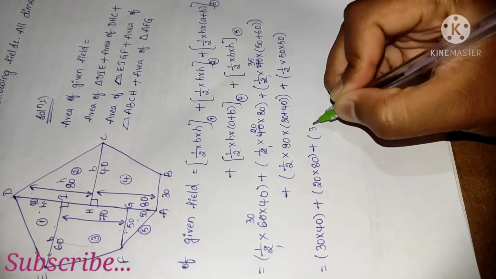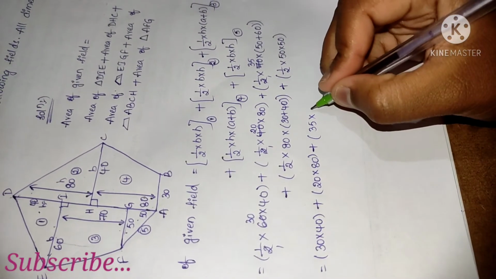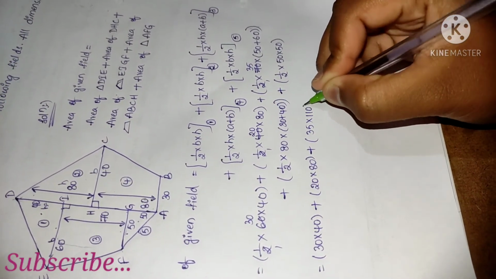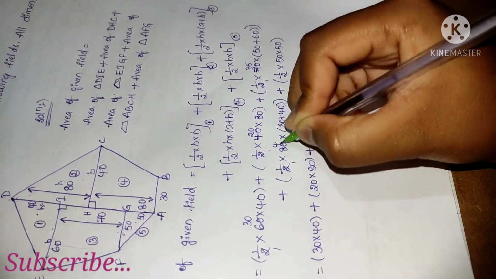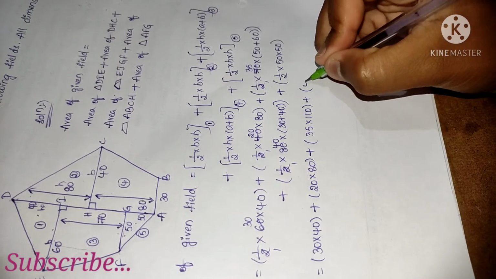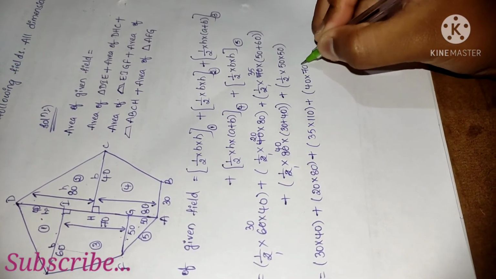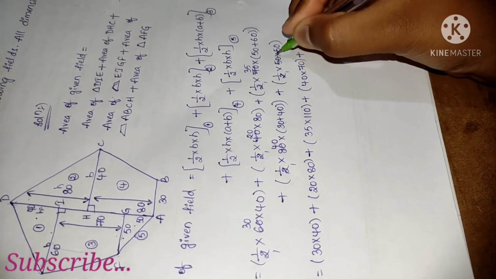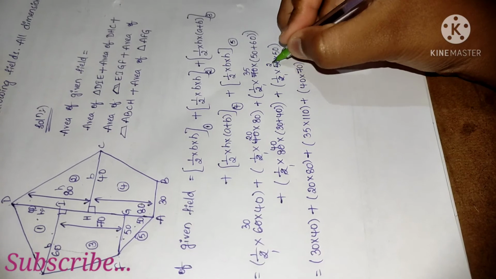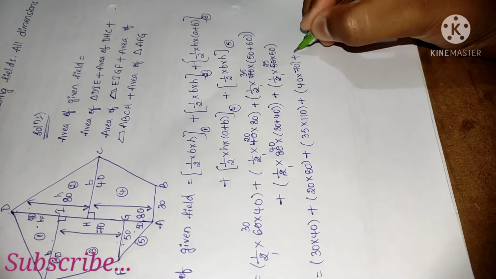So 35 into 50 plus 60 is 110, so 35 into 110, plus here also 2 ones are 2, 40s are 80. 40 into 30 plus 40 is 70, so 40 into 70, plus 2 ones are 2, 25s are 50. So we get 25 into 50.